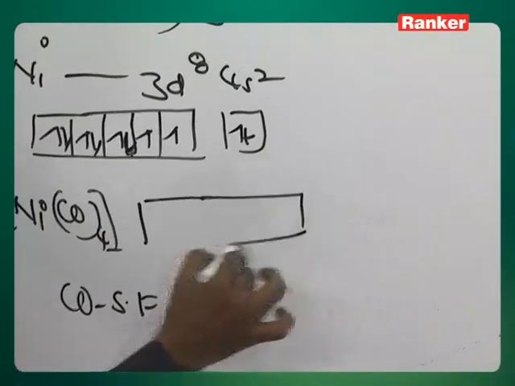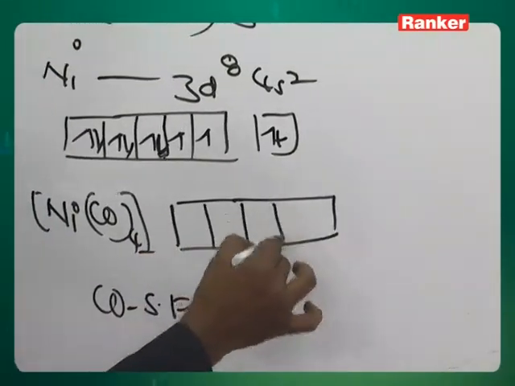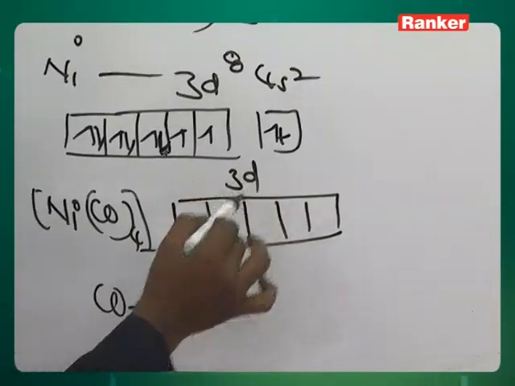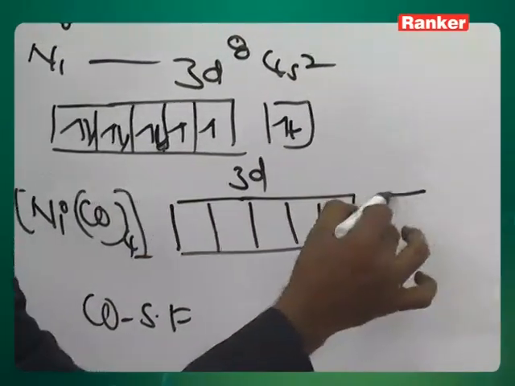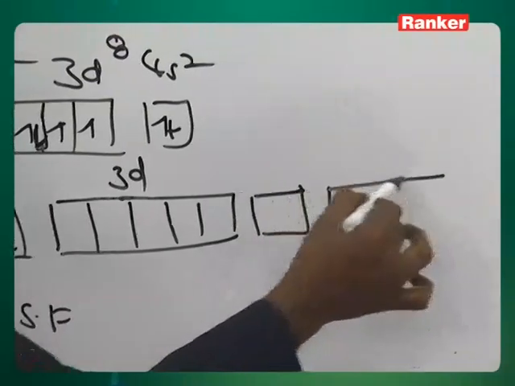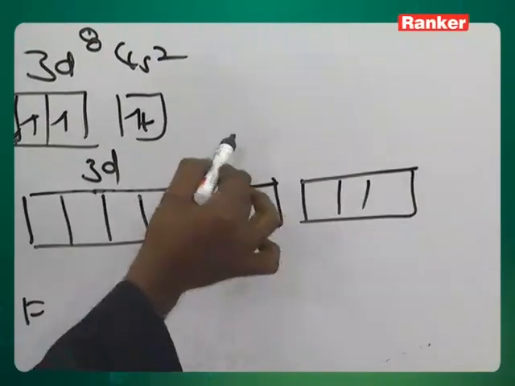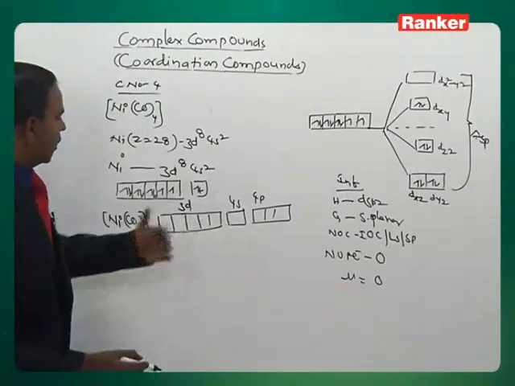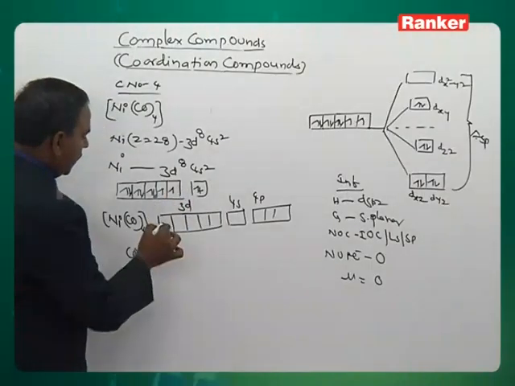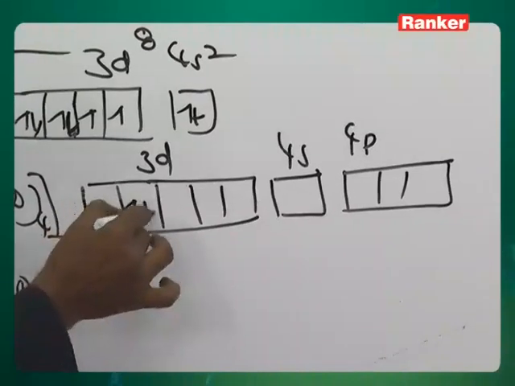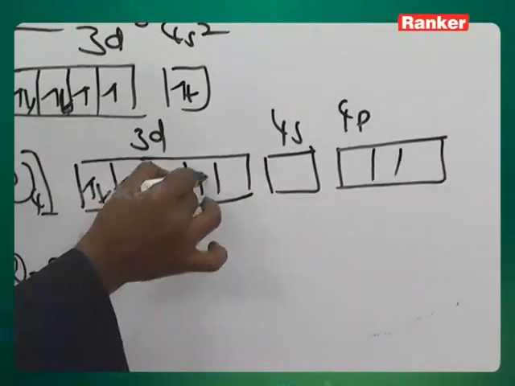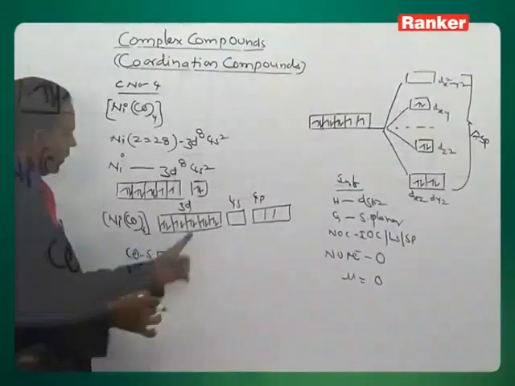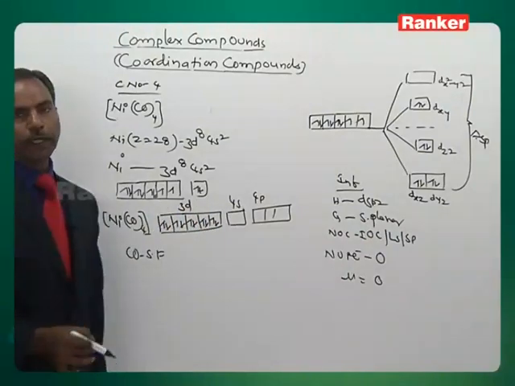This is important to remember in nickel tetracarbonyl: 3d, and again 4s and 4p. The 4s orbital and 4p orbital, right? Now the electrons from s are shifted to d, 1, 2, 3, 4, 5, 6, 7, 8, 9, 10. The s electrons shifted to d.